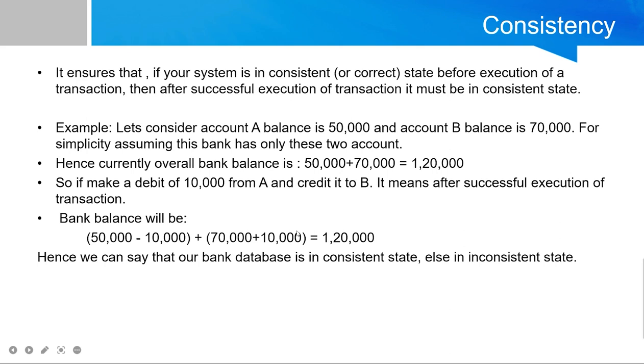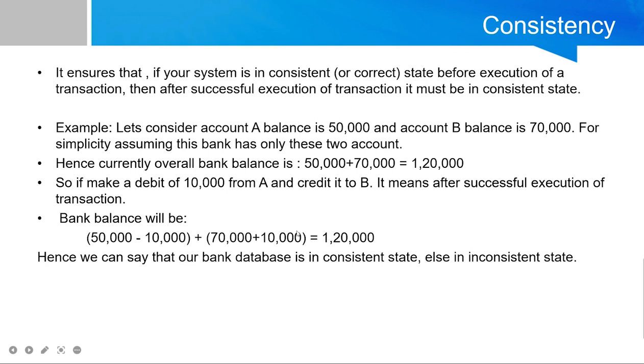Now suppose the transaction fails in between the execution. Let's say 10,000 is debited from account A, so at that moment account A has 40,000 while account B has 70,000. If it fails at that moment, 10,000 has been deducted from account A but not credited to account B, so our overall system state becomes 1,10,000.